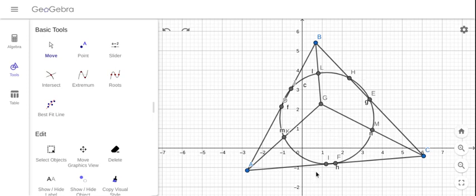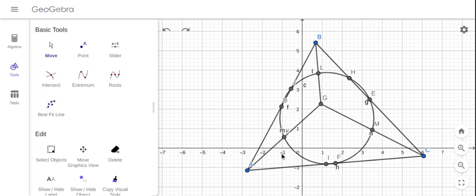Then J, I, and H are the points where my altitude will intersect the side of the triangle, right? That means if I extend this line down further, it will go through J, right?